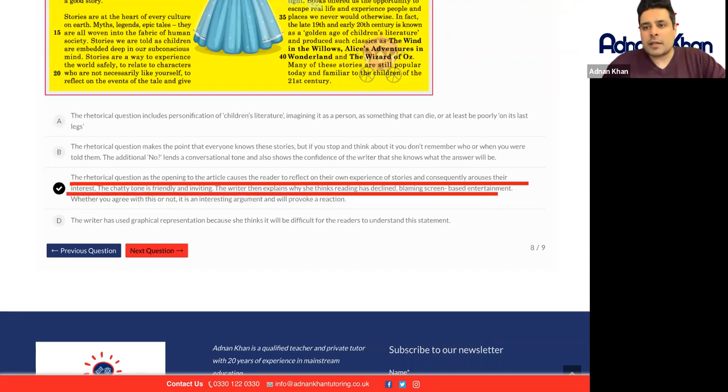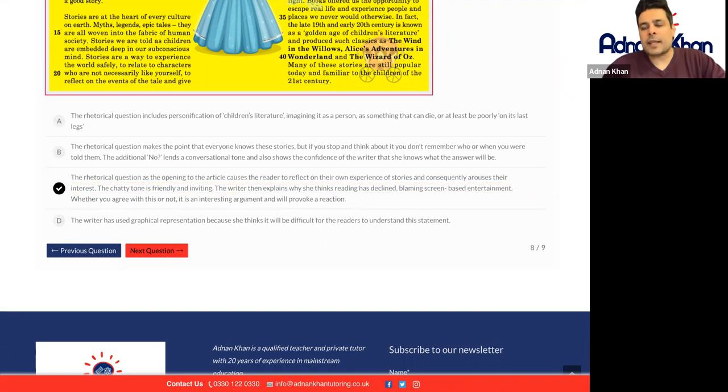And the writer then explains why she thinks reading has declined, so in other words, why it's not popular anymore, blaming screen-based entertainment like TV screens and computer games and so on. Whether you agree with this or not, it is an interesting argument and will provoke a reaction. Okay, so that's how she takes charge of the reader's interest at the beginning of the story and at the end as well.